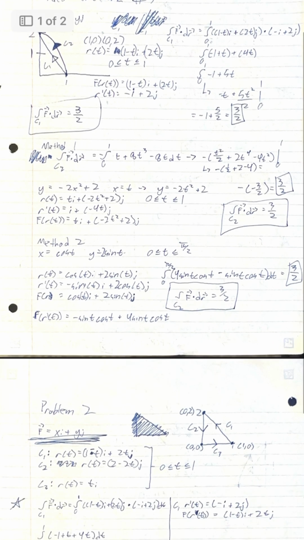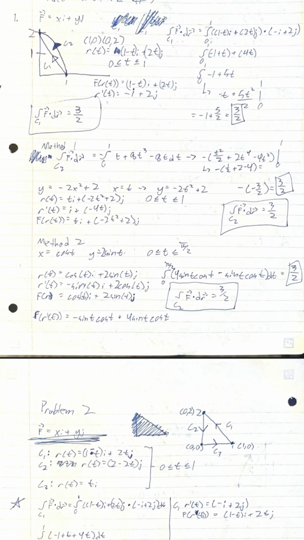And then for method 2, you find x and y by parameterizing it with the unit circle. So x is just cosine t, and y is 2 cosine t because the vertex is at 2, and t exists between 0 and pi over 2 because it's just the first quarter of the unit circle. And then r(t) is just the x and y components, which I wrote right there.